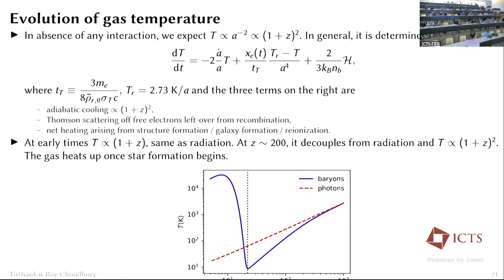If it is photo heating, for example, there will be an appropriate term which you have to write, which will depend on the ionizing radiation background. If you are interested in X-ray heating, there will be another term which will be determined by the X-ray background. If there are some cooling processes, recombination cooling or something, there will be similar terms appearing. So all these terms are combined into this one H.